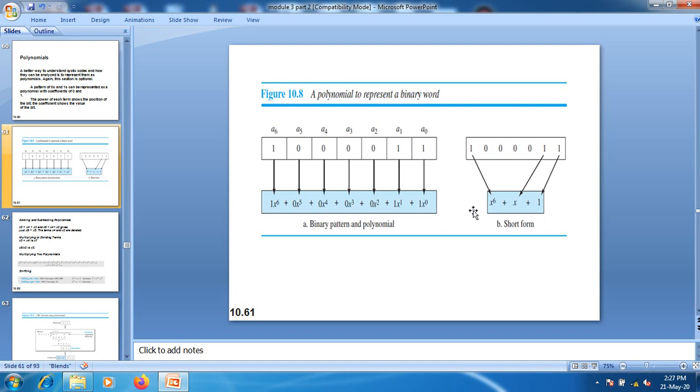If the second bit is a corrupt one, in that case my e of x is x to the power 2. If 2 bits are corrupted, say the second and the third bit positions are corrupt, in that case e of x equals x to the power 2 plus x to the power 3 here.